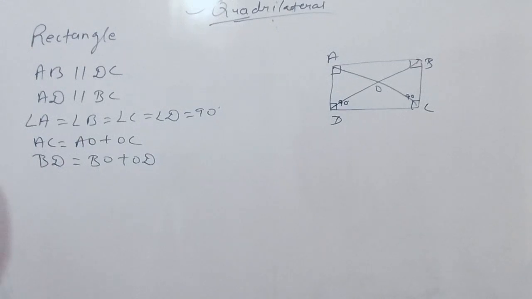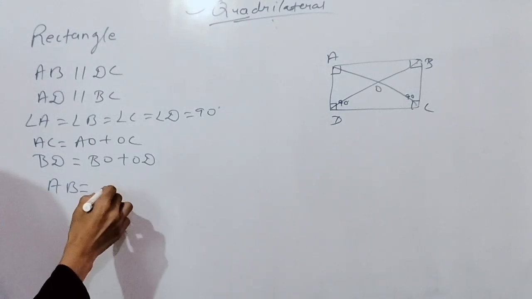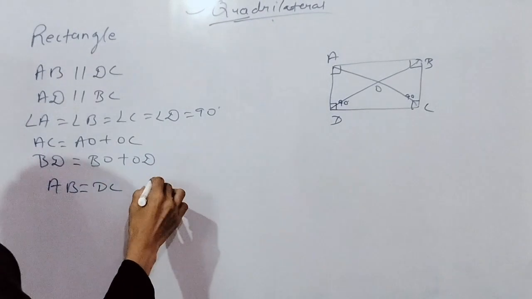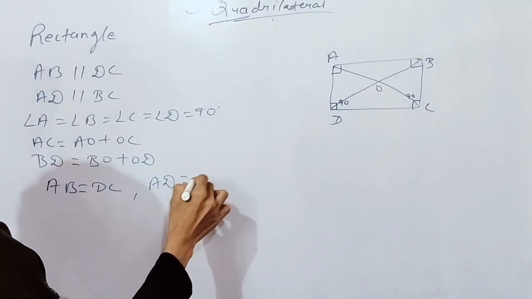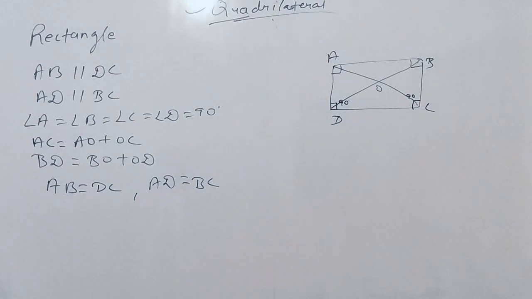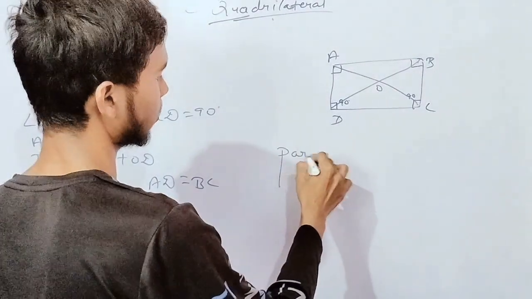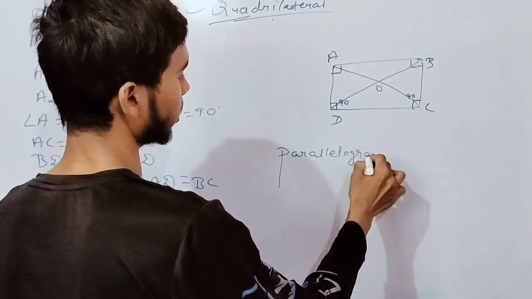Now what else? Can you say the measure of AB will be equal to DC? Measure of AD will be equal to BC. Yes, what else? So what's the difference between a rectangle and a parallelogram?